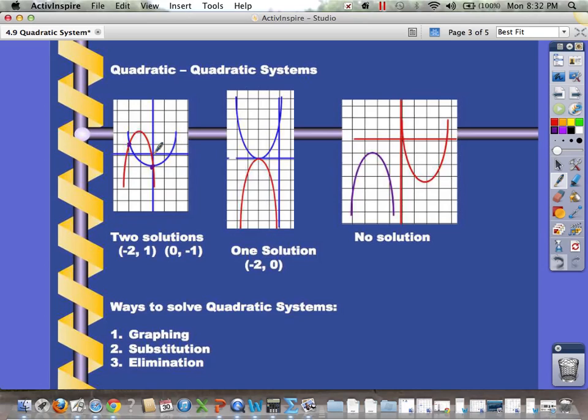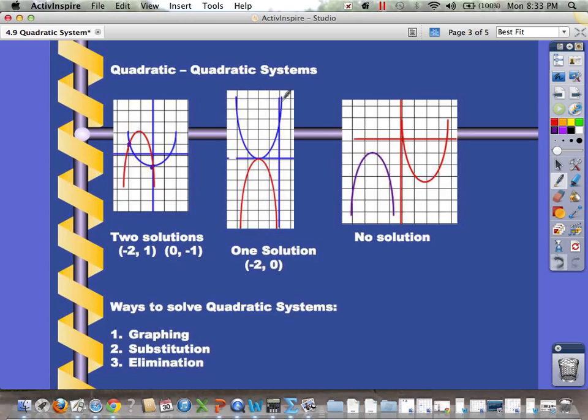That's not the solutions to this system. A lot of people will say that it crosses there, there, there, there. No. This is a system of equations, which is where the two equations or functions cross. So that would be right here and right here. And those two solutions are -2, 1 and 0, -1. And they are ordered pairs.